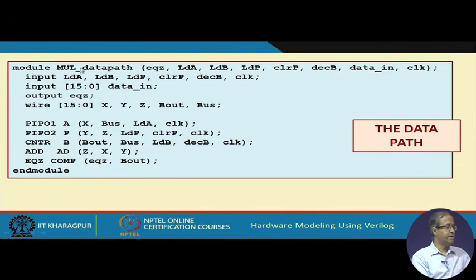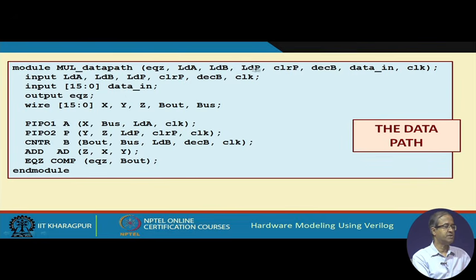So, here at the top level you are instantiating the modules. In the multiplier data path you can correlate with that previous diagram that these are the signals or the ports that this multiplier data path requires. There is only one output equal to Z, others are all inputs.